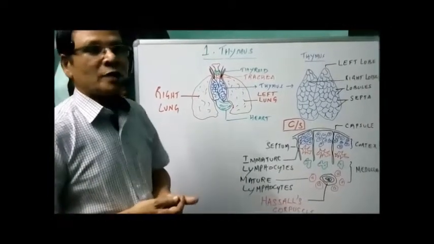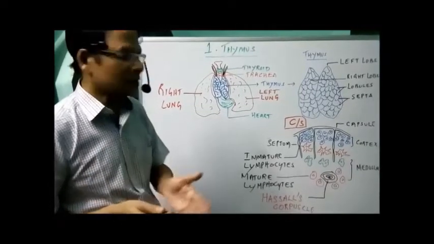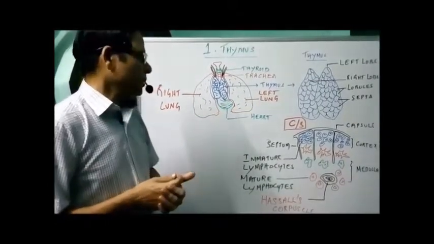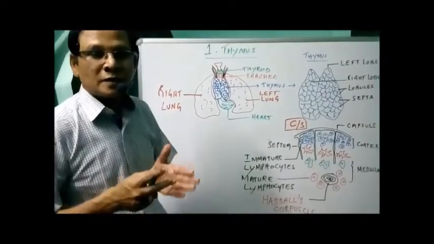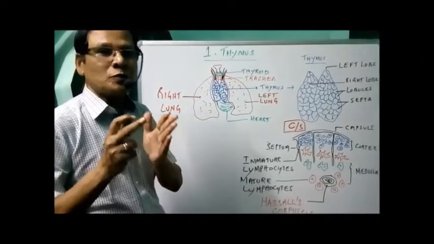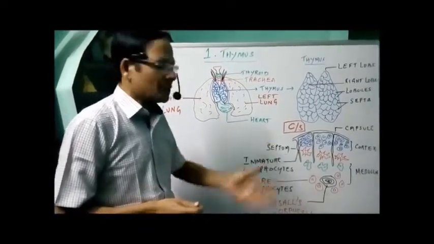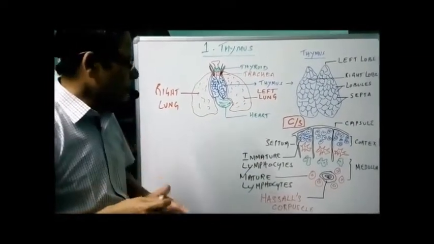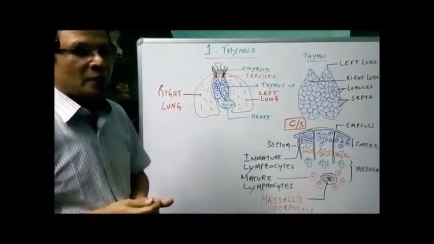Normally it is a lymphoepithelial structure consisting of both lymphocytes as well as epithelial cells. The outer compartment, the cortex, is densely packed with immature lymphocytes. The medulla is sparsely populated with mature lymphocytes along with epithelial cells.